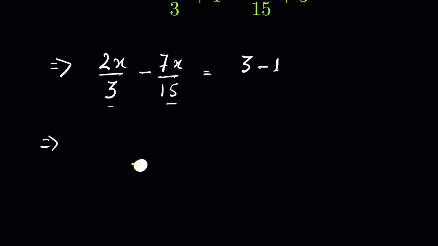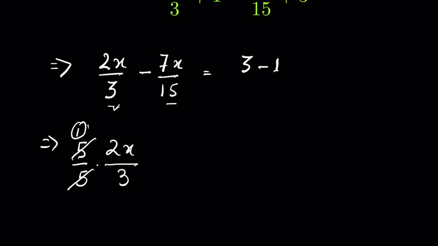Or we get the common denominator separately. How? If we multiply and divide by 5, this fraction won't change because we can easily cancel this, and multiplying any number by 1 is the same, it doesn't change.